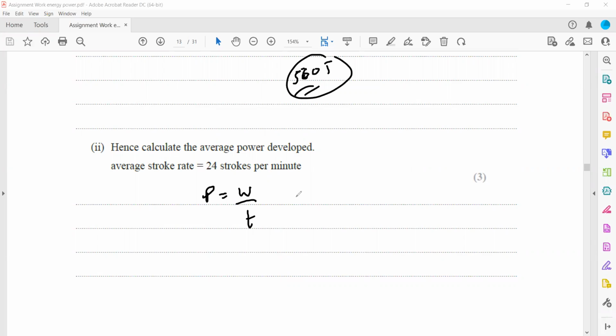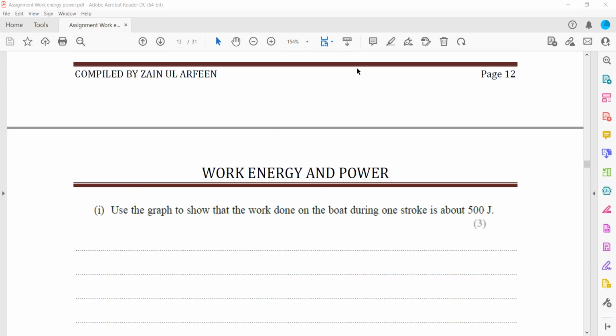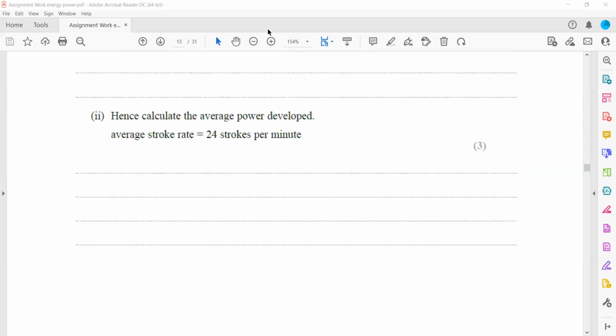That is the amount of energy used for one stroke. Even if you are not able to solve this part in an exam, you can use this number, which is given. So I can also use this 500 in my next part as it is related.